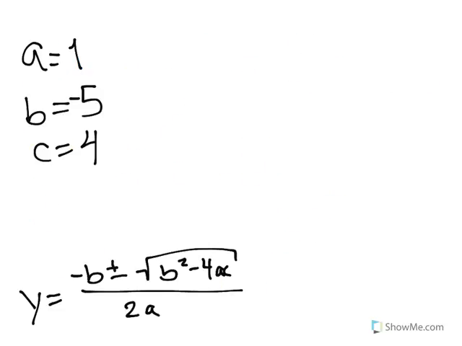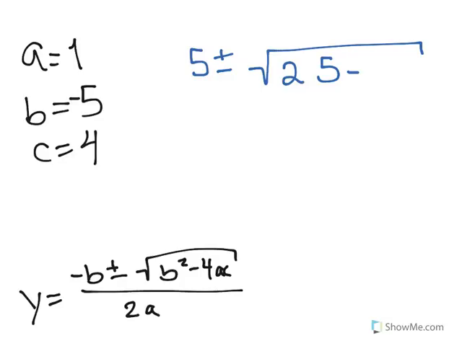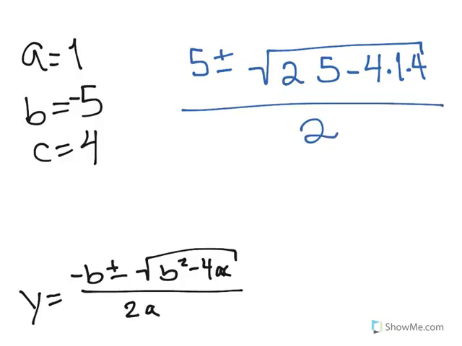So we said that a is equal to 1, b is equal to negative 5, and c is equal to 4. And so if we plug this in, we get 5 plus minus the square root of 25 minus 4 times 1 times 4, and divide this by 2 times 1, which is 2.